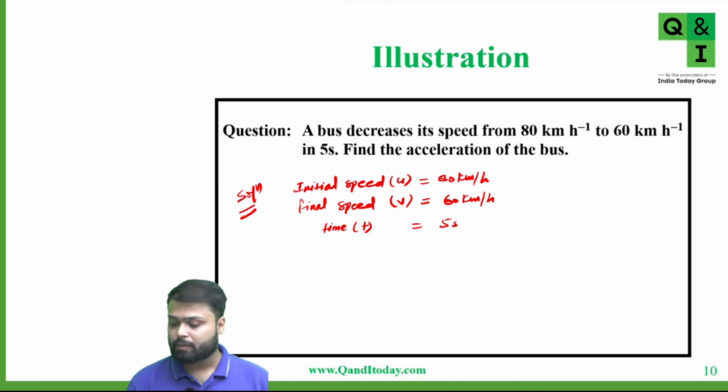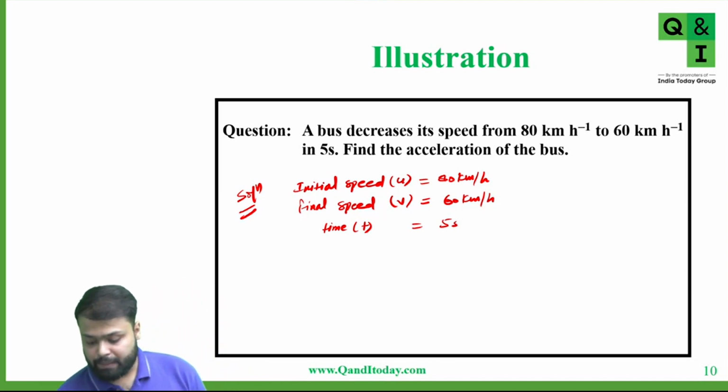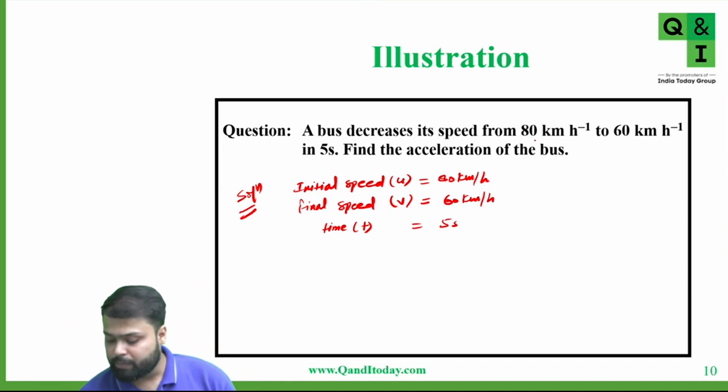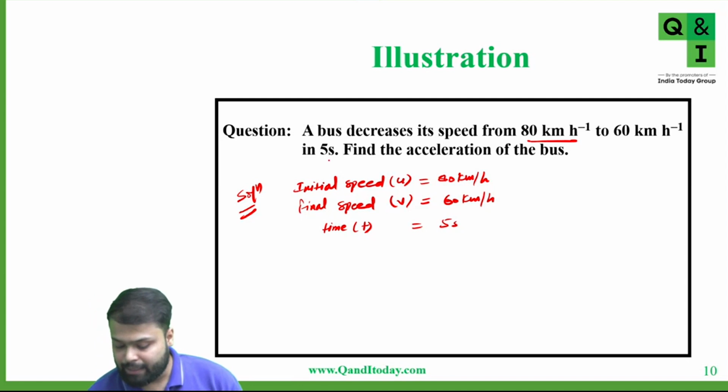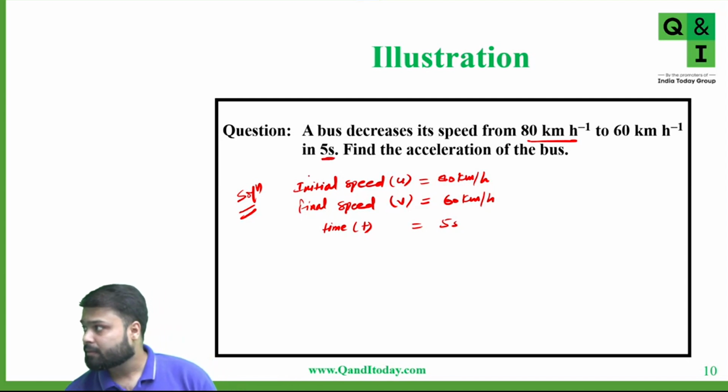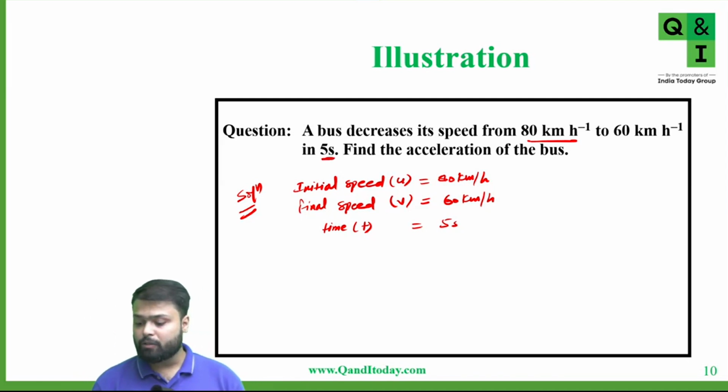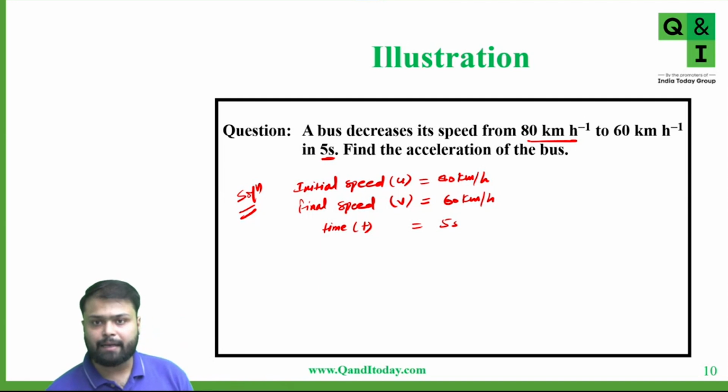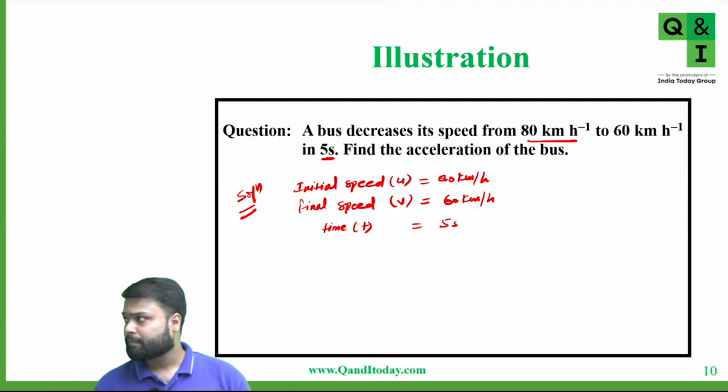Please take care of the units. Unit of speed is in kilometer per hour and time is in second. So convert the unit, either convert second into hour or convert hour into second.